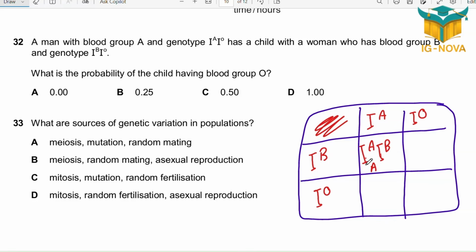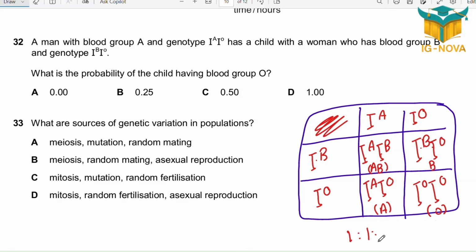These are genotype letters and the phenotype expression is AB. IBIO, genotype expression will be blood group B. IAIO, blood group A. IOIO, blood group O. Equal ratios, 1, 1, 1, 1, or 1/4 each, or 0.25 each. For any of them, blood group A or B or AB or O, 25%.